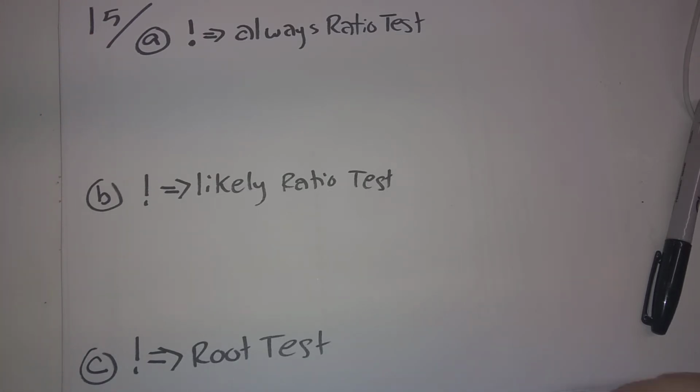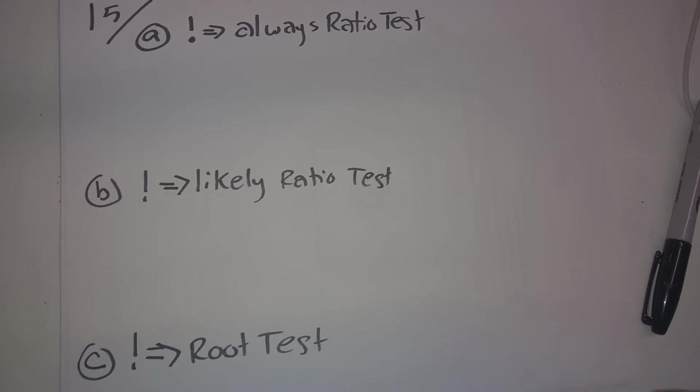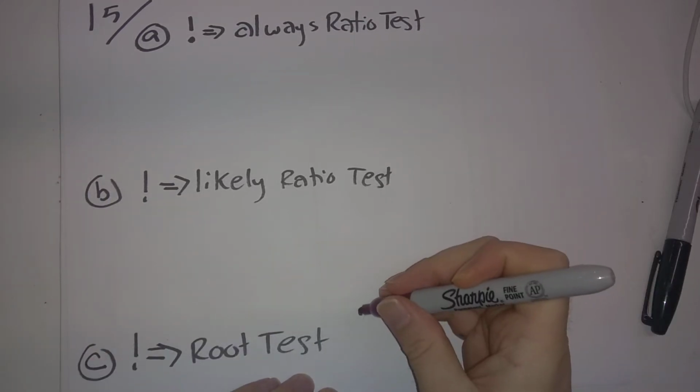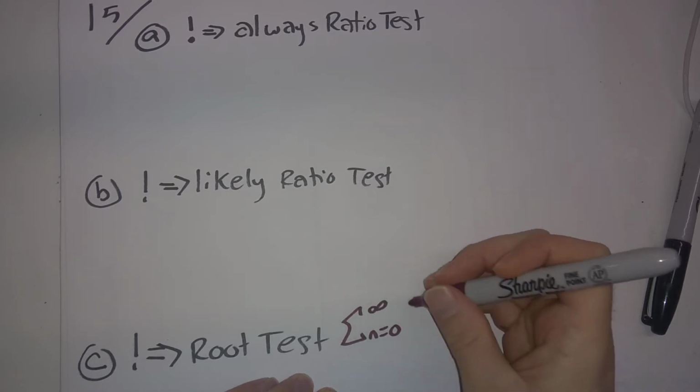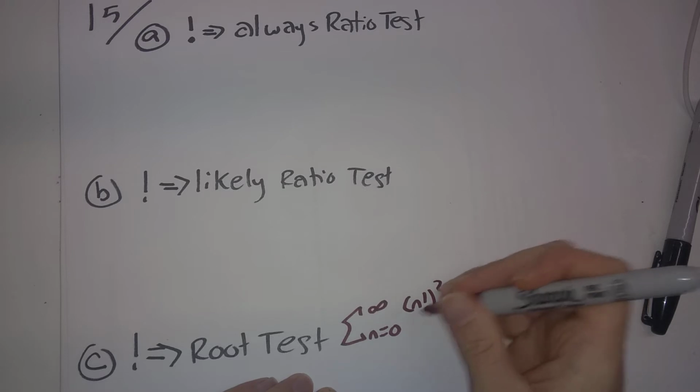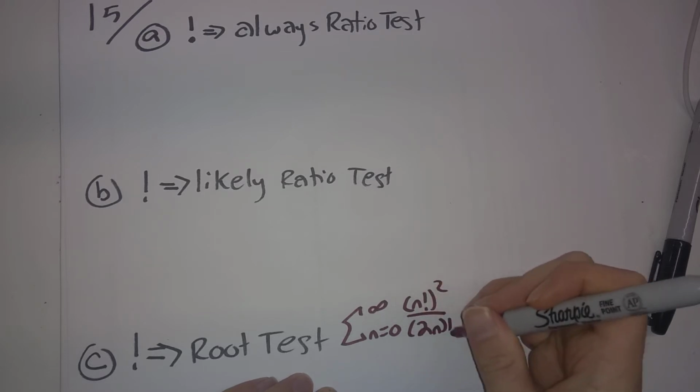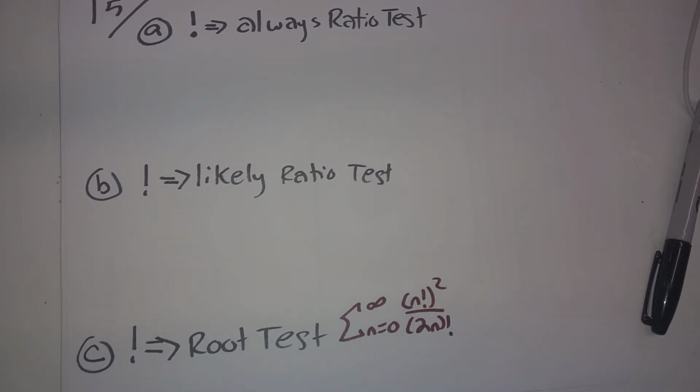Let me give some particular examples just to demonstrate this. So for the root test, let's say we're thinking about the sum from n equals 0 to infinity of n factorial squared divided by 2n factorial. This is a great series to use the ratio test on.